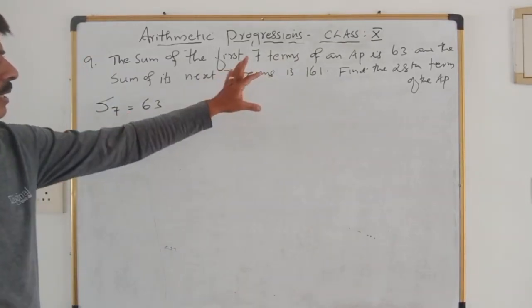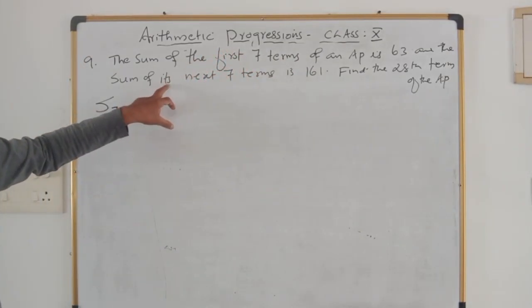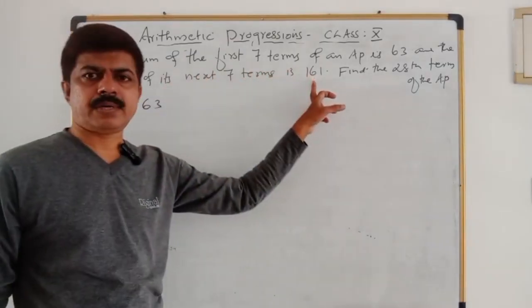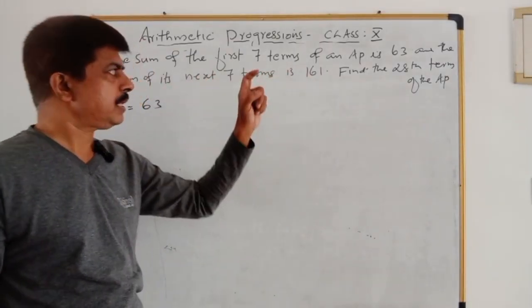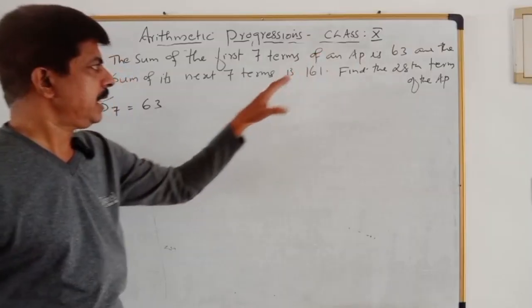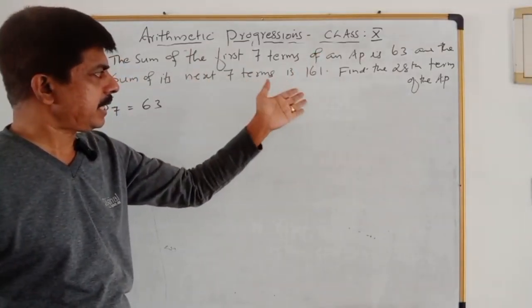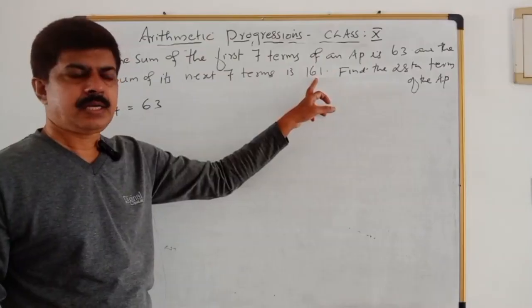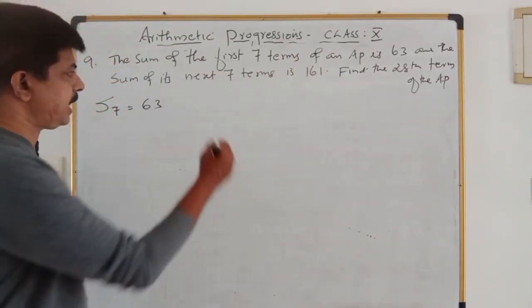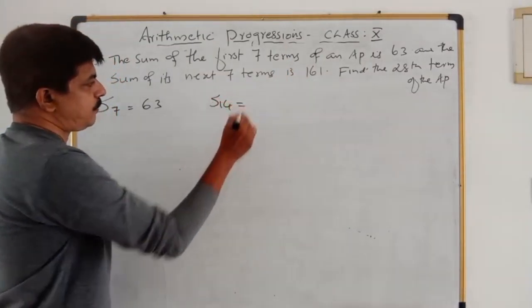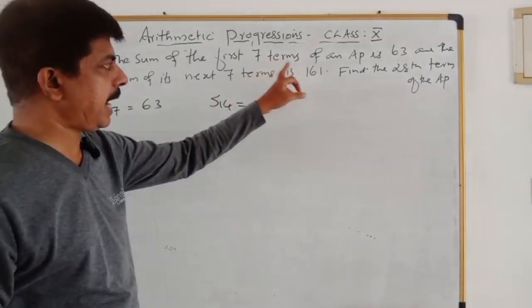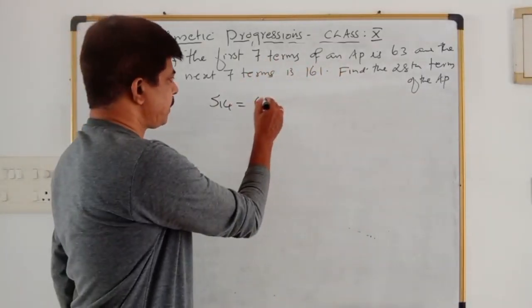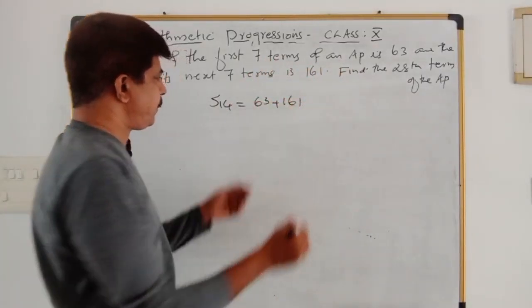Now again it is given that the sum of its next 7 terms is 161. First 7 terms sum is 63. Next, the 8th, 9th, 10th up to the 14th terms, their sum is 161. So together, the sum of the first 14 terms we can add: 63 plus 161.